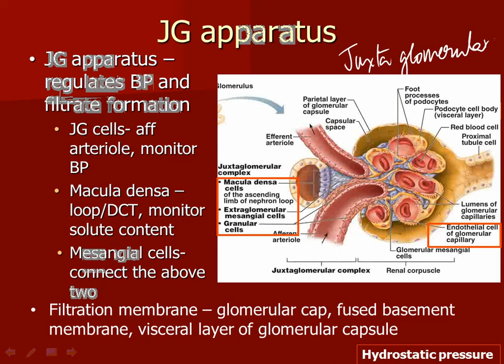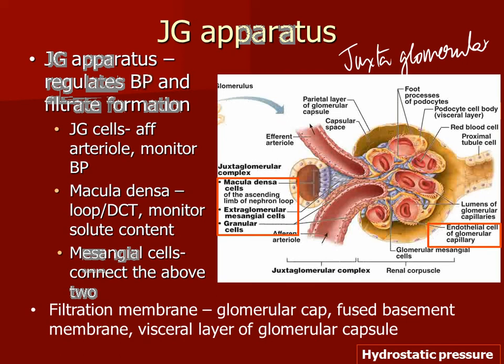So let's look at it. The function of this JG apparatus, and why it is important, is that it regulates blood pressure and also regulates filtrate formation. You just saw that blood is filtered. So it regulates how much blood will be filtered, how much urine will be formed, how much solutes will be present, and so on. That's what is meant by regulating blood pressure and filtrate formation.